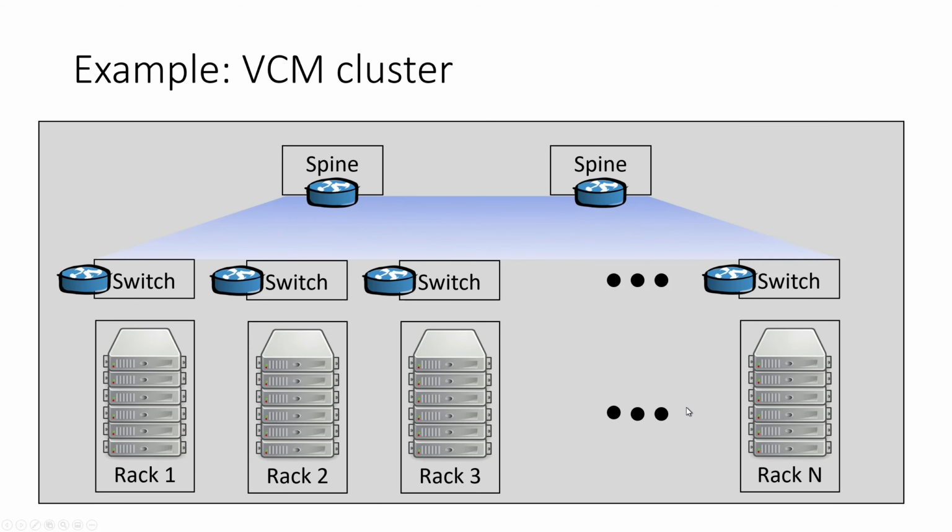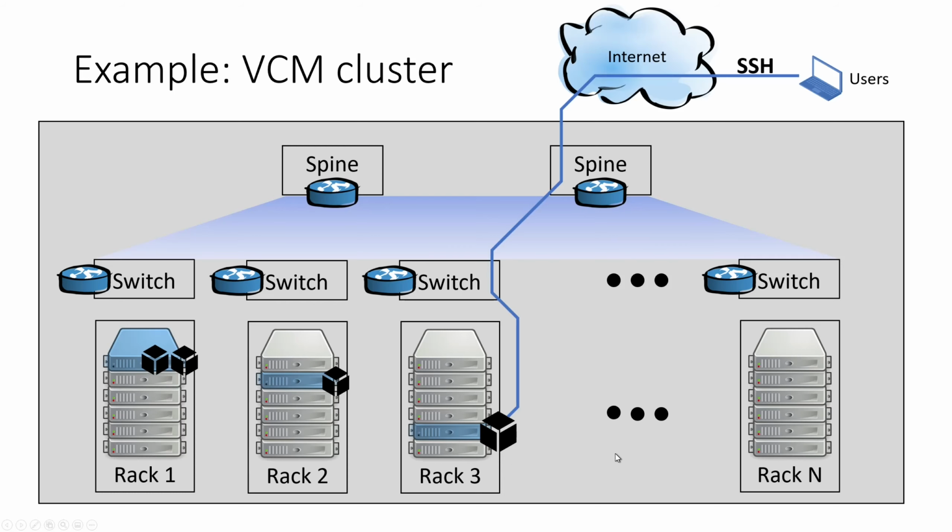To make this a little bit more concrete, let's look at VCM. VCM is the cluster that we're using to run our code for the programming assignments in this course. So let's consider that this is the infrastructure that the university uses to host applications. In this cluster, we have 4 virtual machines, and they might be spread across different servers. Our virtual machines can be accessed from the outside world, but only using SSH.